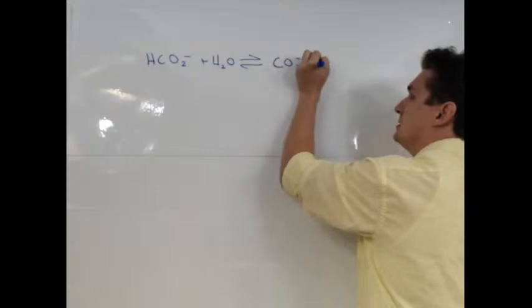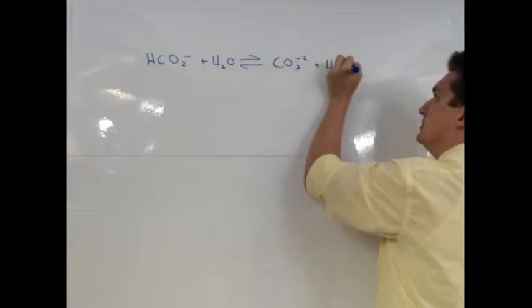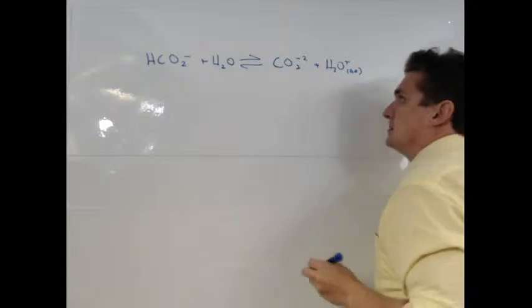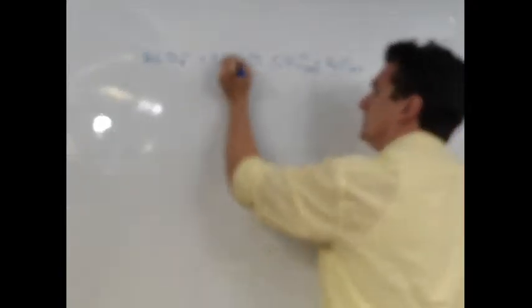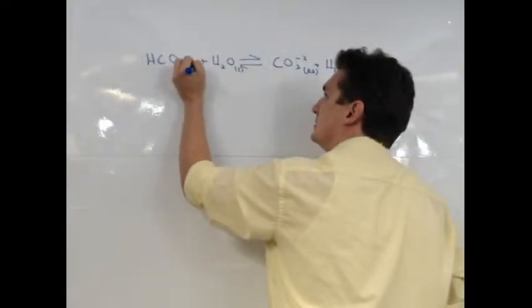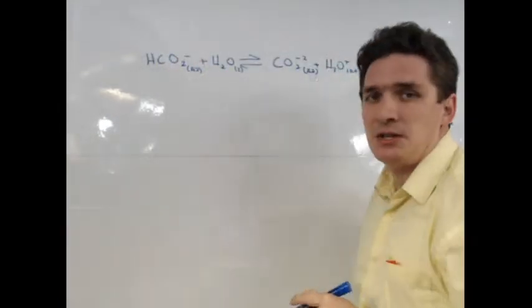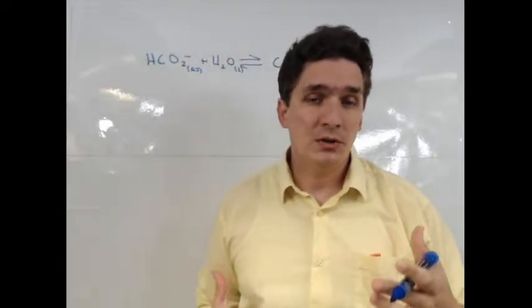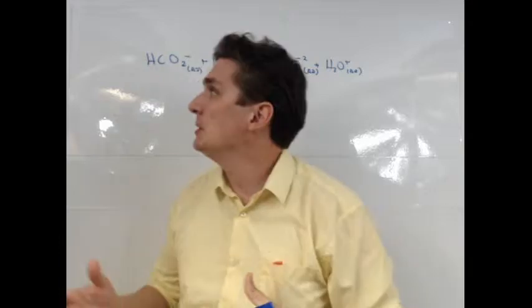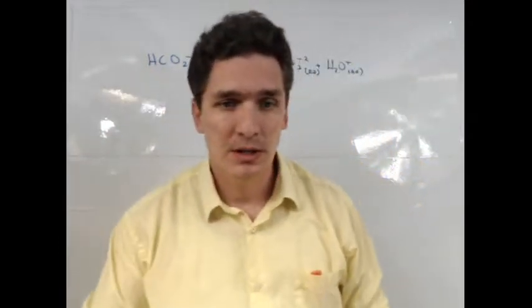This is CO2 minus 2 plus H3O plus. Rarely do we ever treat the H2O as having an H plus. Also, there is a way that we try to write this, and that is with the leading hydrogens forward.